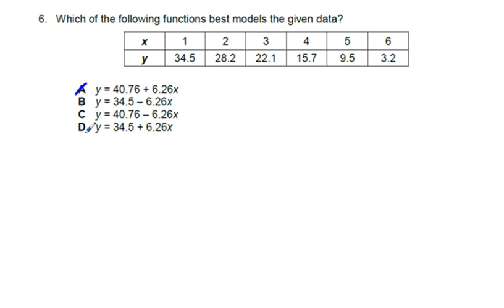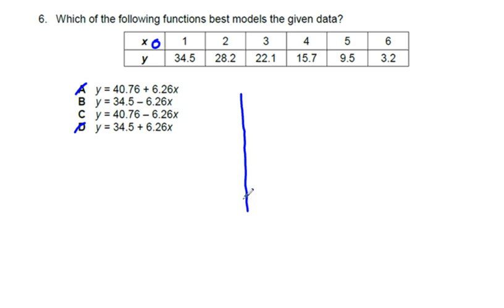So we're not going to have answer choice A, nor answer choice D. And the slope they gave is negative 6.26. So it's just a matter of finding the y-intercept. Now, between these two, your y-intercept is going to have to be greater than 34.5, because from 0, you had to subtract something from that to get 34.5. And so that thing is going to be 40.76.